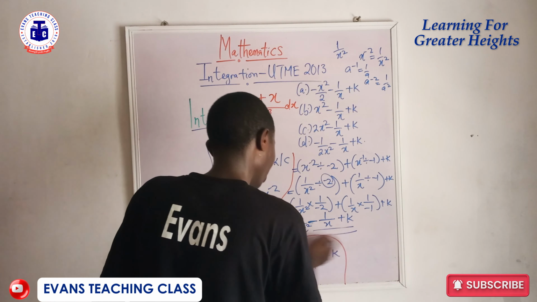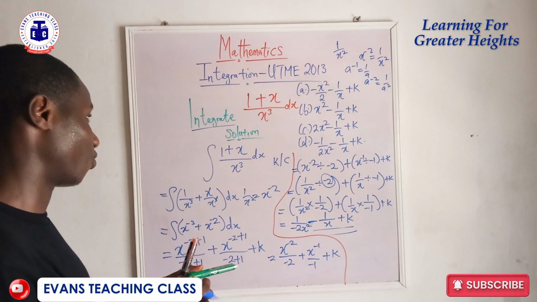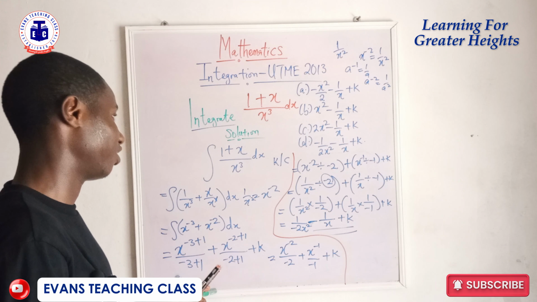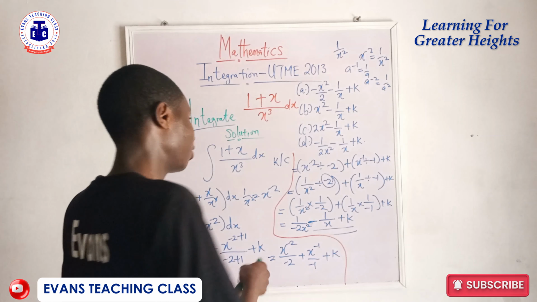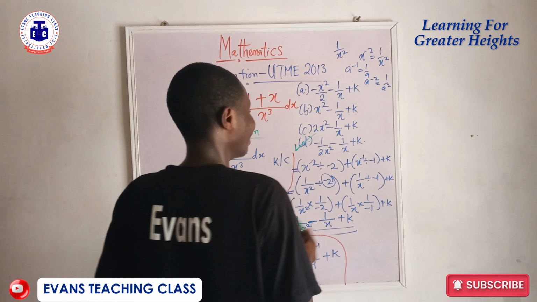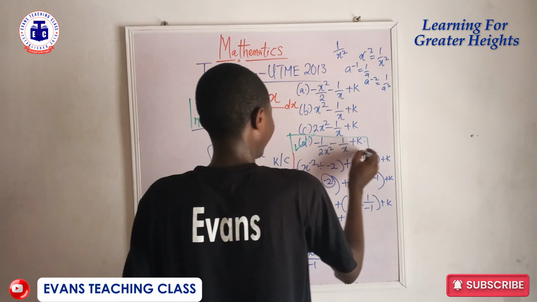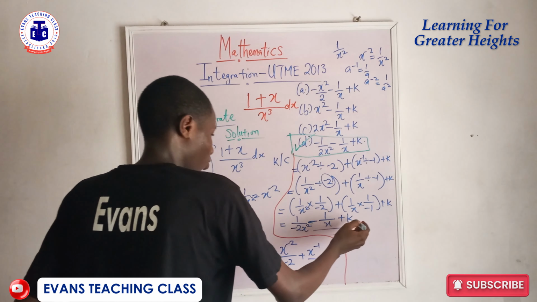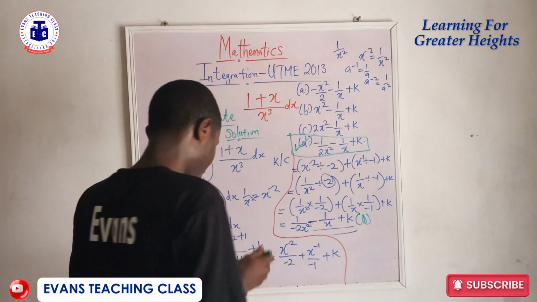So looking at the options, what do you think is your answer? Of course, that's the option D. That's the option D. You understand now? All these things are not hard. They are simple. So that's option D.